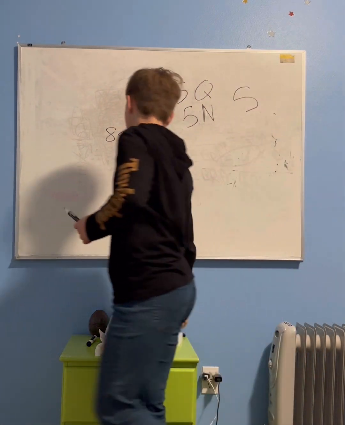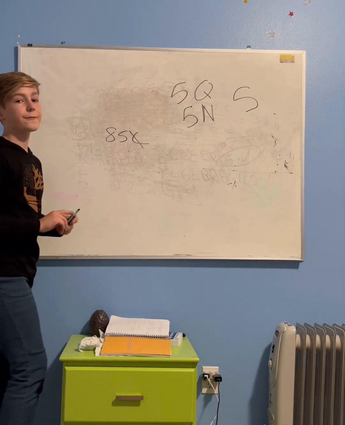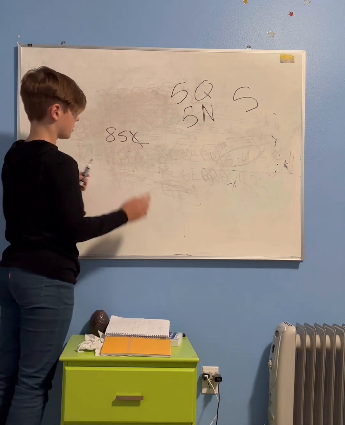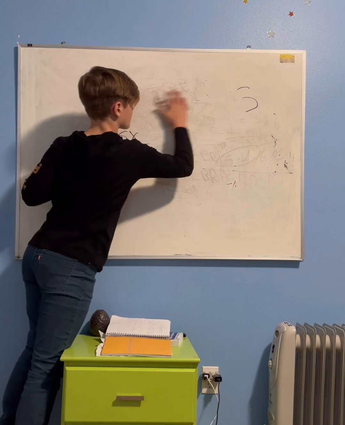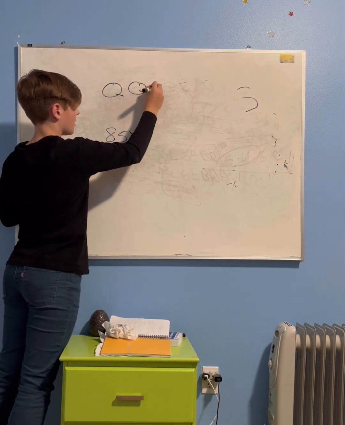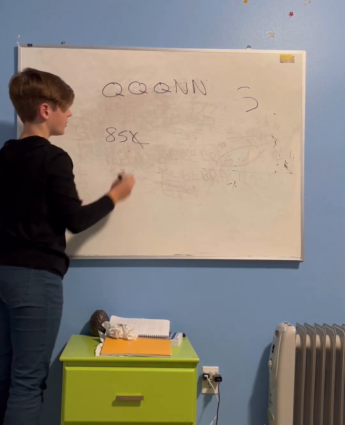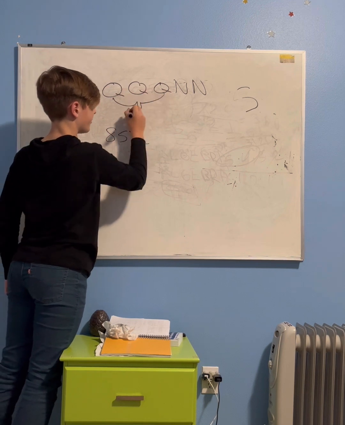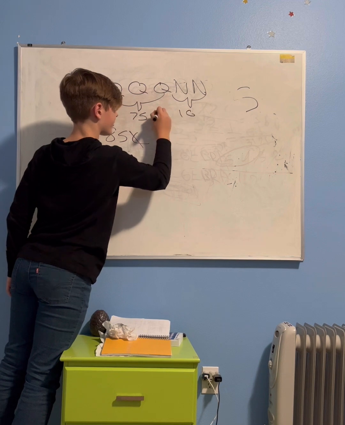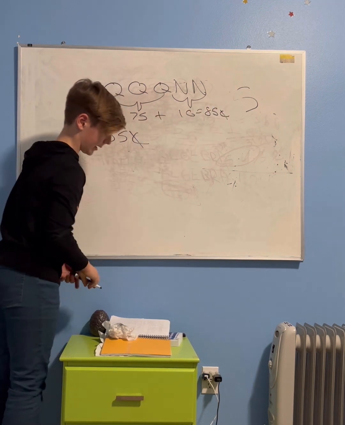So, the only way that we can get 85 cents using 5 quarters and 5 nickels is a quarter, a quarter, a quarter, a nickel, and a nickel, which is 75 cents plus 10 cents, or 85 cents, which is the number we want to get.